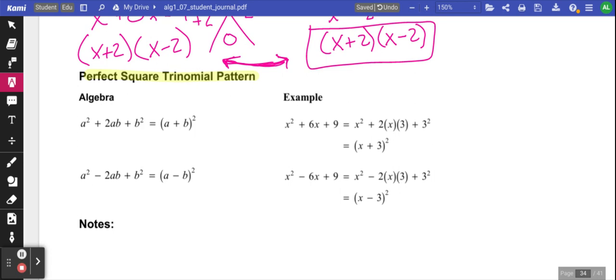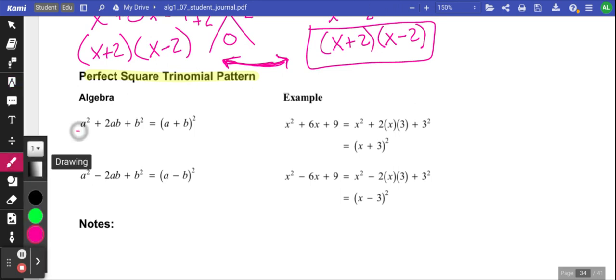I think the key thing here, one, as you're doing the 7-7 homework, everything in here is one of these perfect square trinomials or the difference of two squares. But as you're just going through normal factoring, you're trying to decide if you can use this, it's got to follow this kind of rule here, this a squared minus 2ab plus b squared.